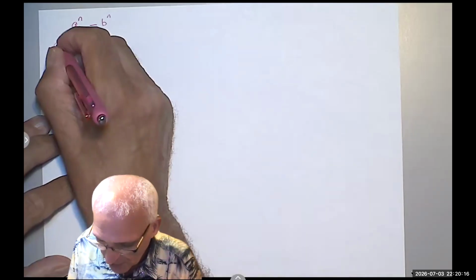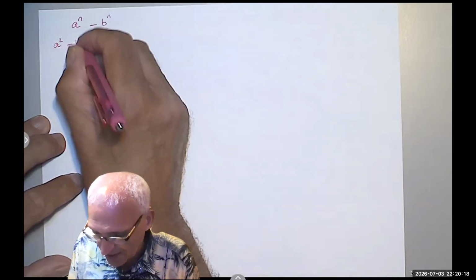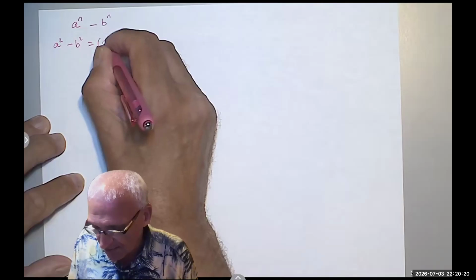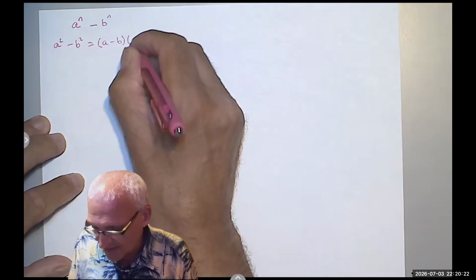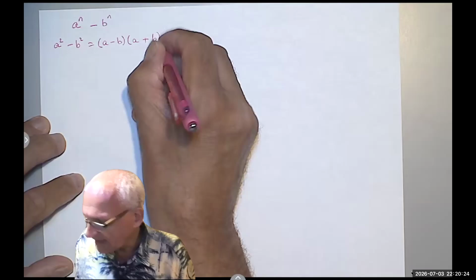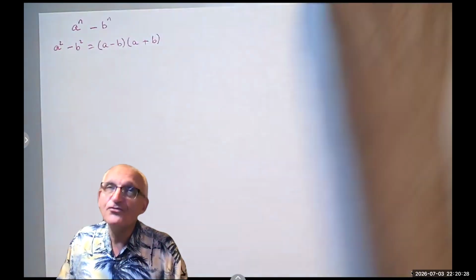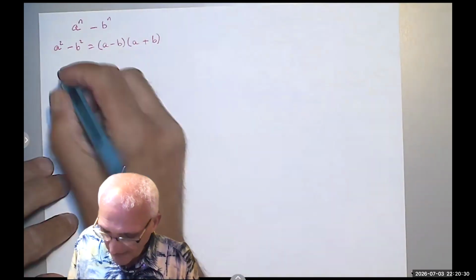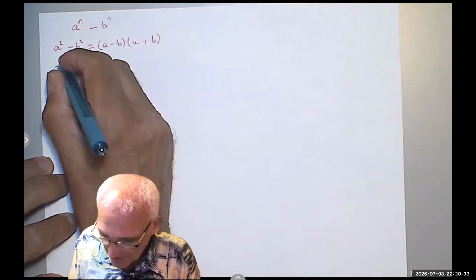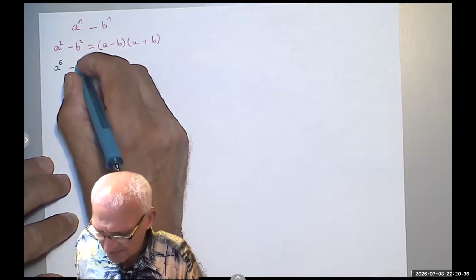Let me start with something. First of all, let's do one that you already know. A squared minus b squared is a minus b times a plus b. Now, let me give you one that is much larger. So for example, what is a to the 6 minus b to the 6?